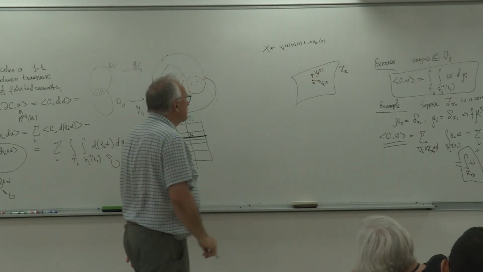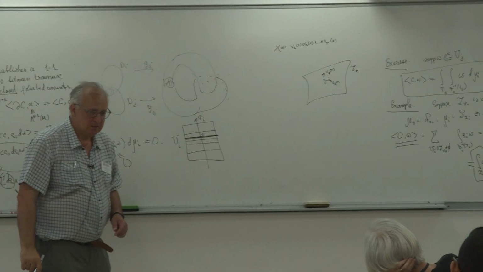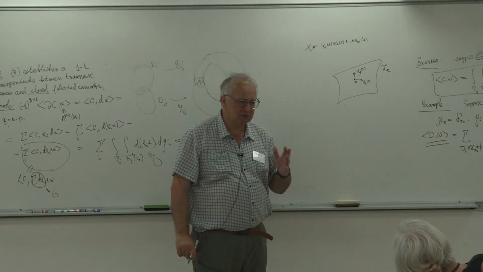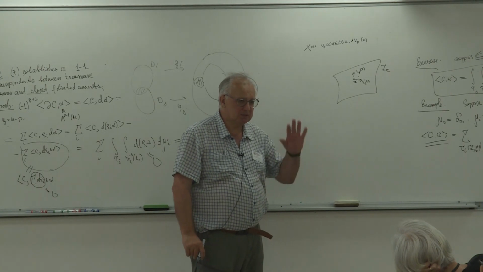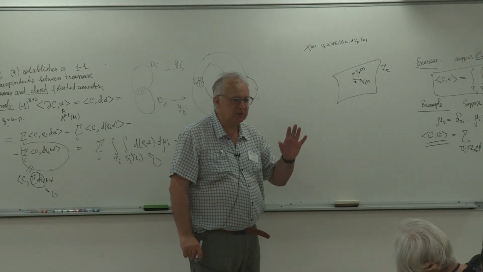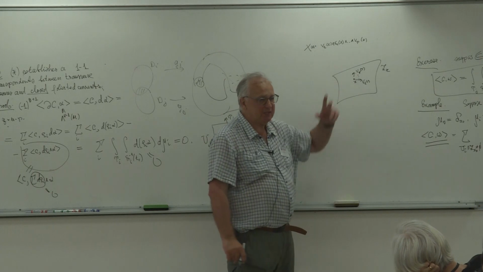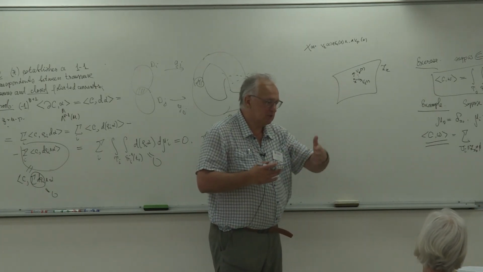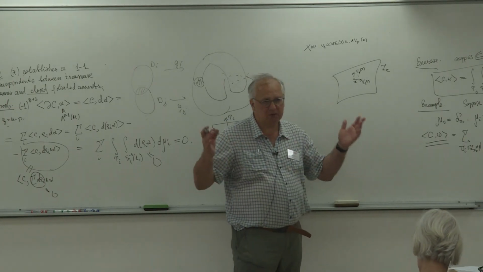Locally it is this, but you can define it globally because our foliation is orientable. There is a global P vector field. A P vector field is a P vector at every point, smoothly depending on x.